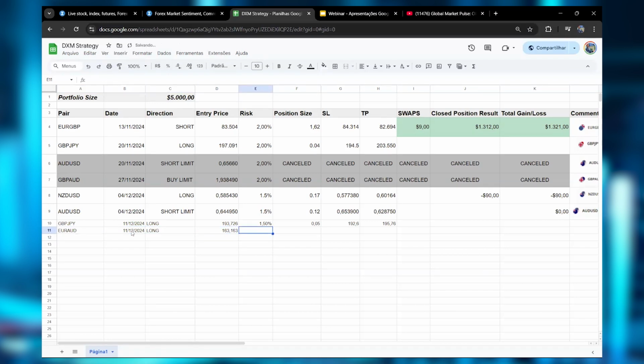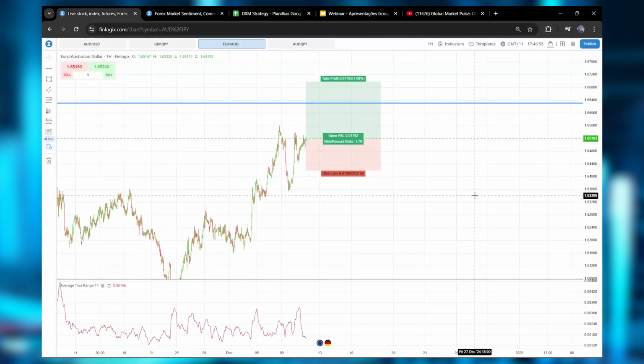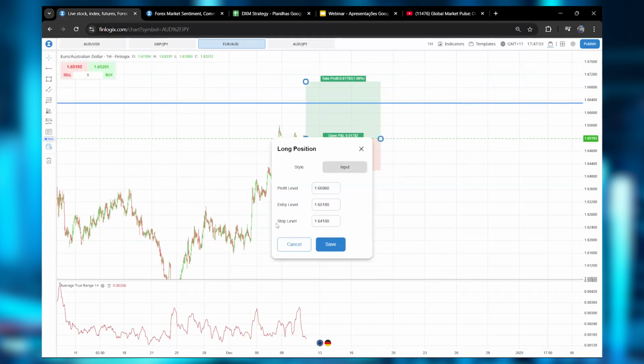Long trade, 1.5% risk. Then we can calculate that. Let me just get all the numbers first. Stop loss will be at 164. Let's say 164.200. Oh no, it's too much. 188 then.